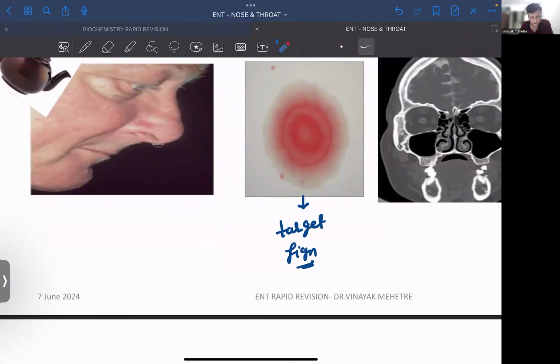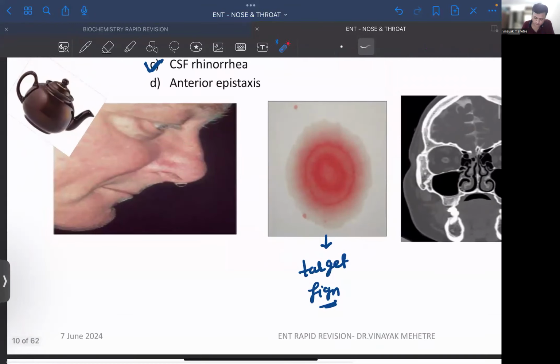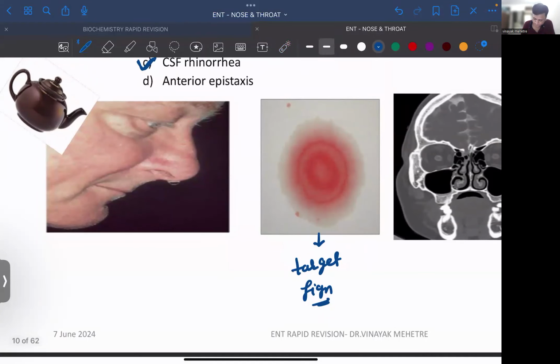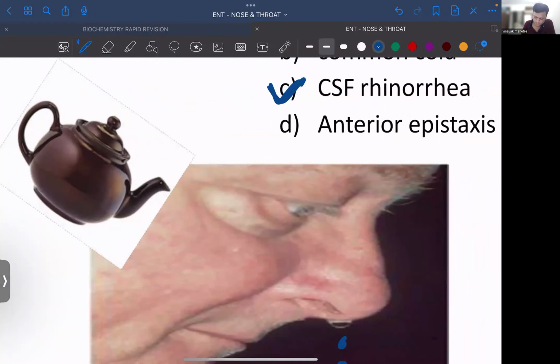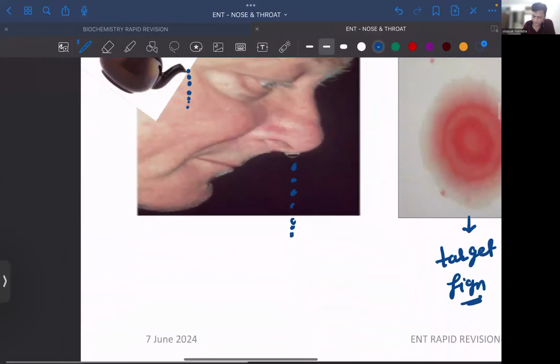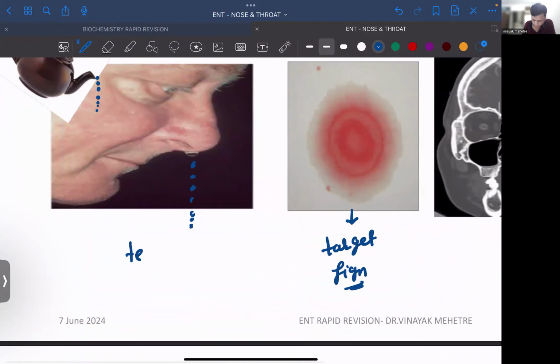If he bends down like this, there will be continuous dribbling. You would have seen this in the cafe, whenever we pour chai or coffee from the teapot, after tilting it, it falls down. Same thing is going to happen with this patient. This is called the teapot sign.